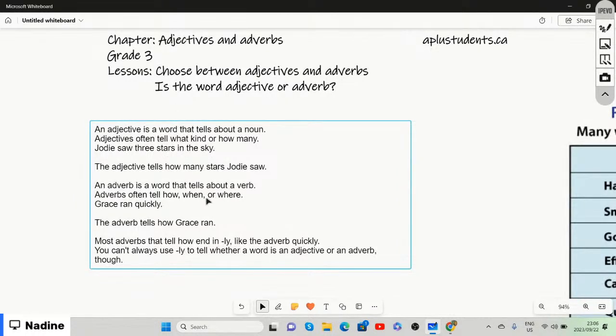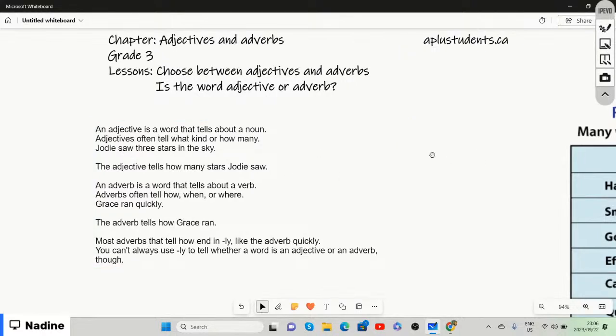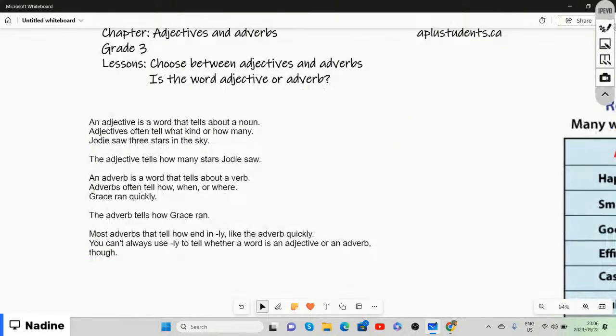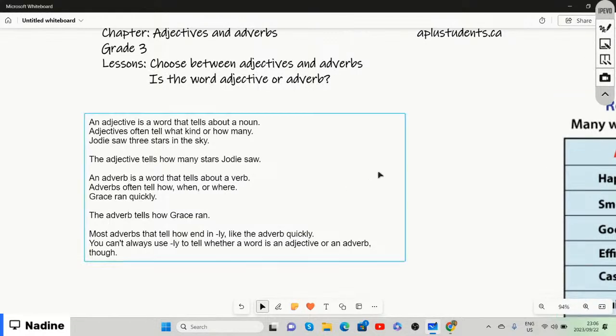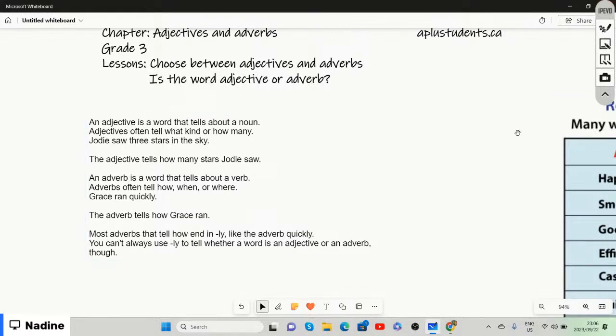So adjectives and adverbs, hey? An adjective is a word that basically tells us about the noun. So we can say that adjectives describe the noun. It's more like describing the noun.